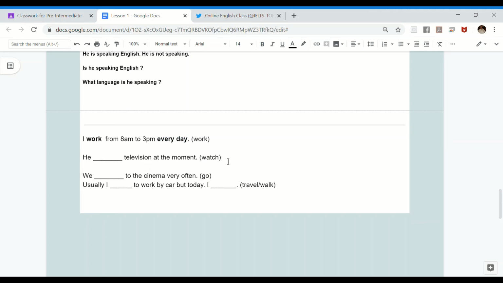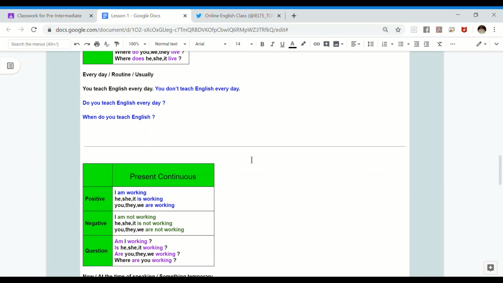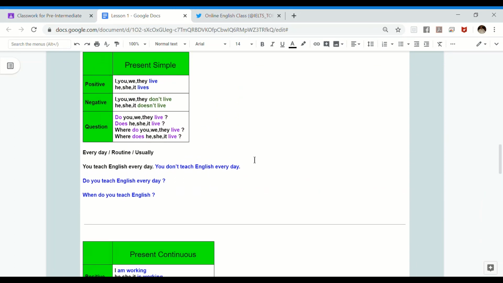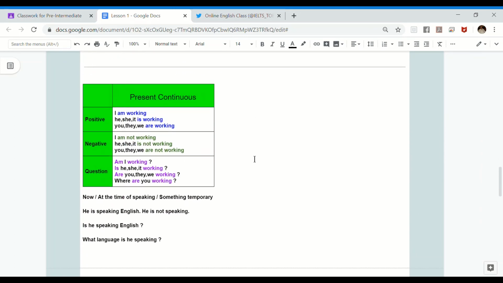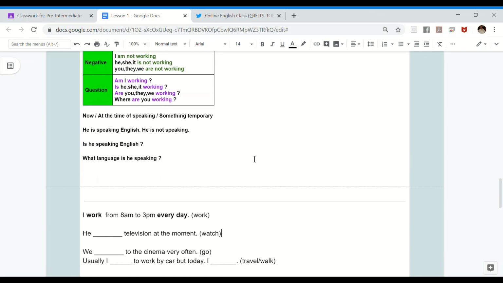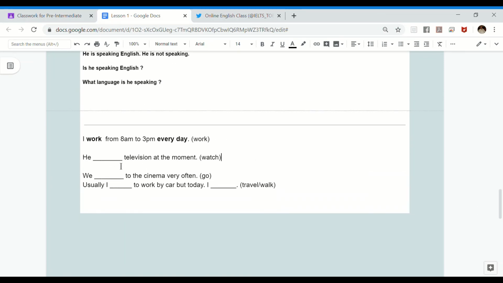Okay, he television at the moment, and the verb we've got to use is watch. So it's at the moment. So is that present simple, or is that the present continuous? What do you think? That's correct. It's present continuous.